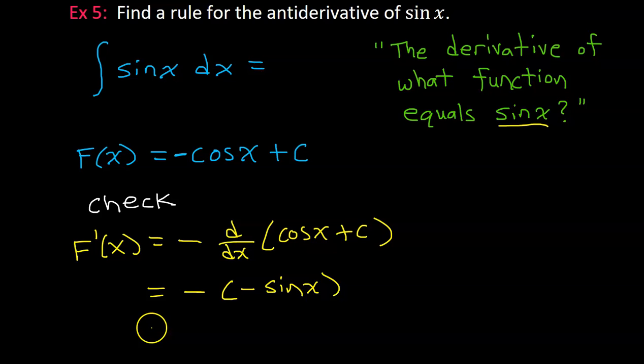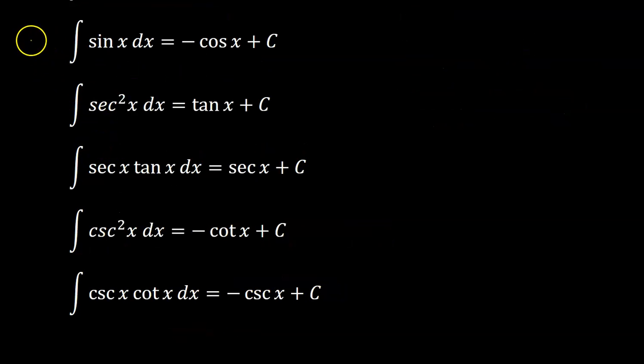A negative times a negative is positive, and we end up with regular old sine x, which is exactly what we wanted. That means this is the antiderivative. And here it is right on the list of basic rules of integration. The integral of sine x dx is negative cosine x plus c.